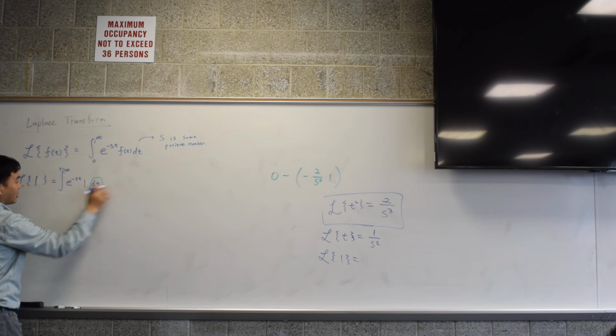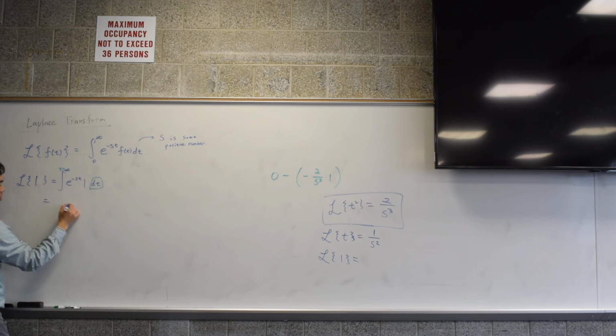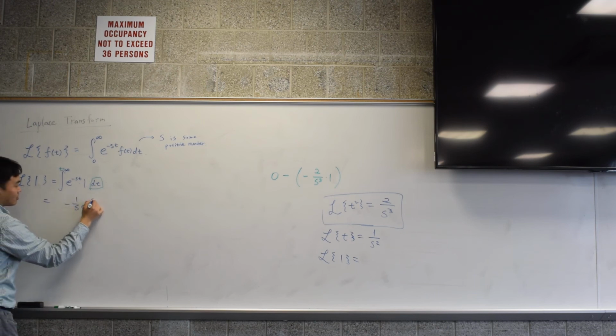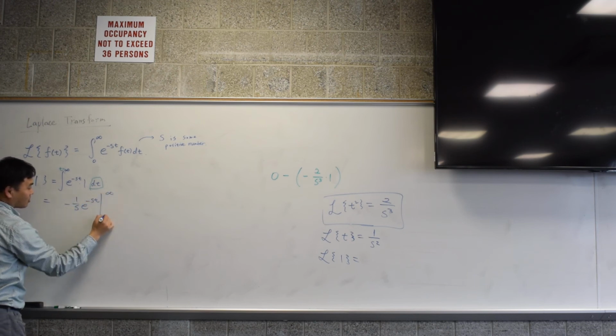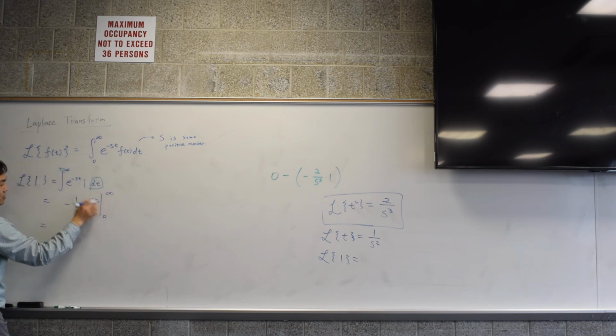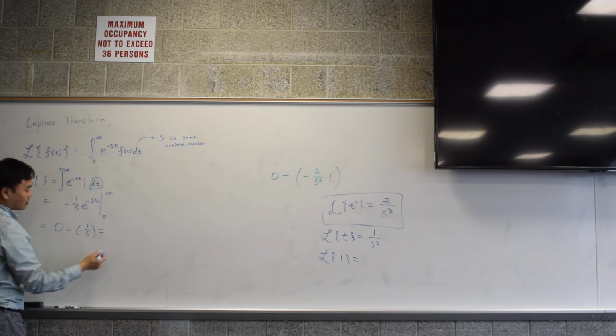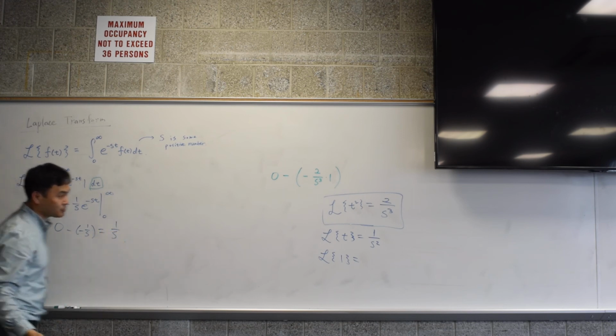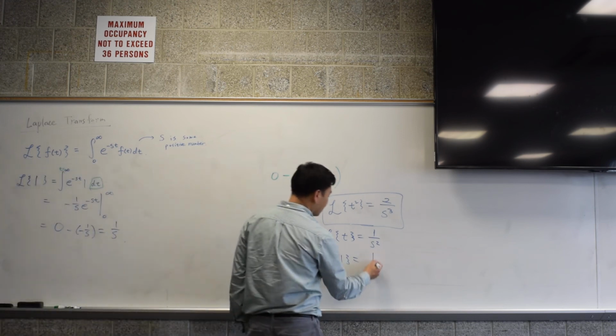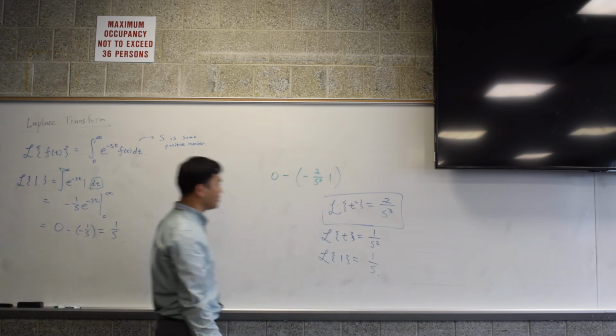And when I integrate, what's the integral? It's just negative 1 over s e to the negative st, and you're plugging in infinity and 0. When you plug in infinity, as before, e to the negative infinity gives you 0. When you plug in 0, e to the 0th power is 1, so you get negative 1 over s. And therefore, you get 1 over s. So this is what you get.